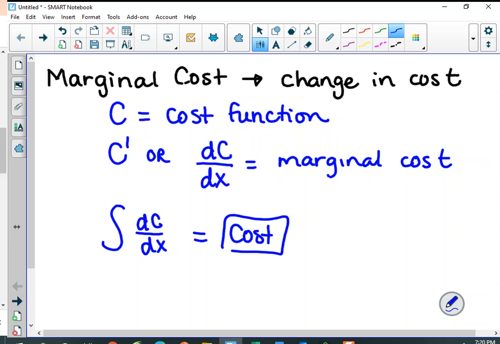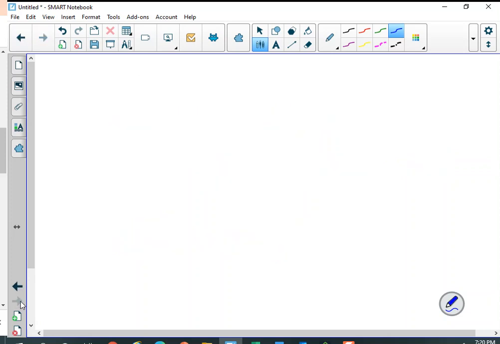So if I can collect information on how costs are changing given different conditions, I can create a function to model my costs in a variety of scenarios. Okay. So let's take a look at that in a specific example.